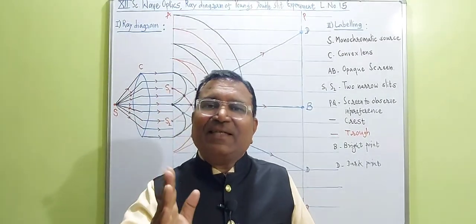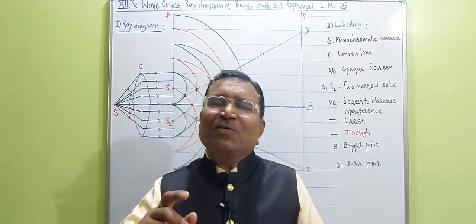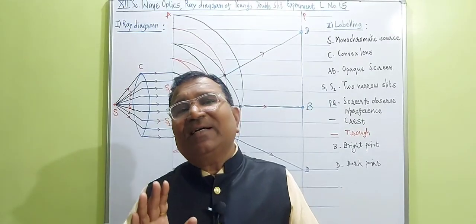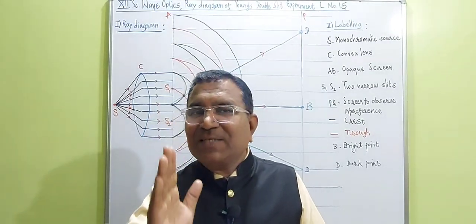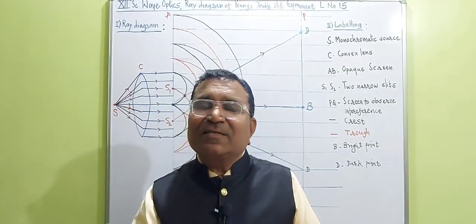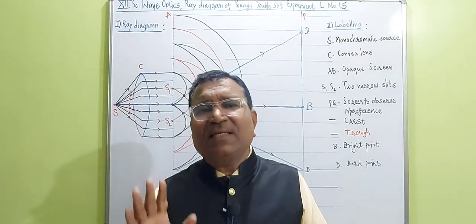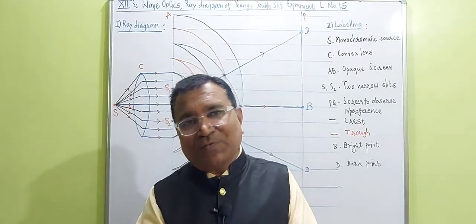And in this lecture, lecture number 15, we want to learn the explanation of Young's double slit experiment. How we can explain it within 6-7 simple sentences from your examination point of view.